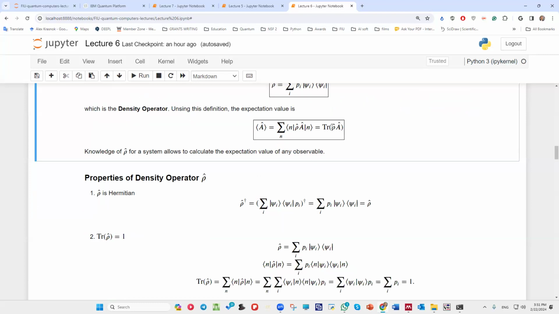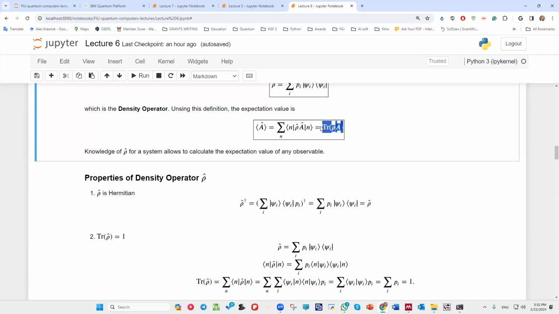And so we came to a very simple yet very important formula, I would say one of the most important in quantum theory, which says that in order to obtain the expectation value for any operator that represents a physical observable, we need only take the trace of the product of this operator with the density operator.